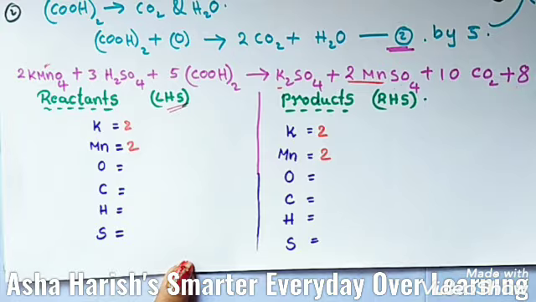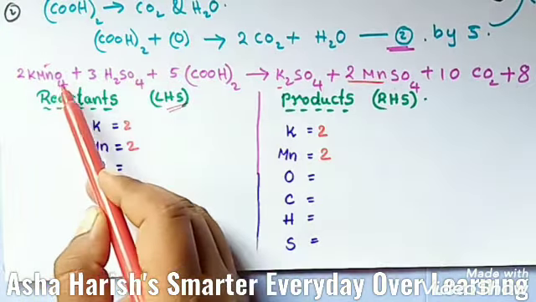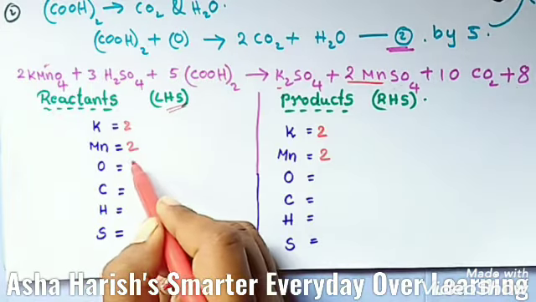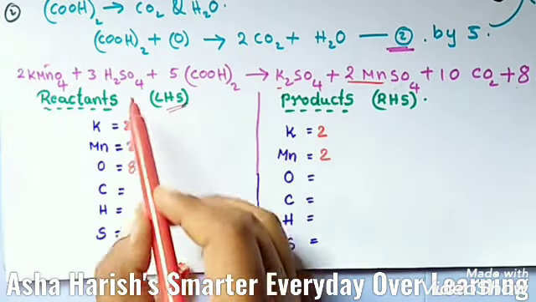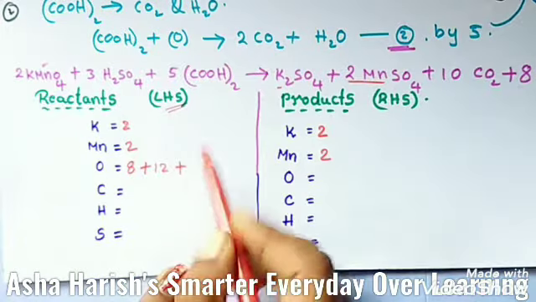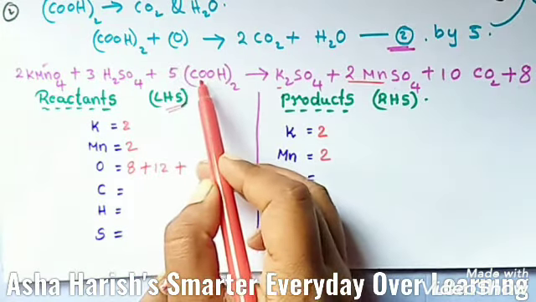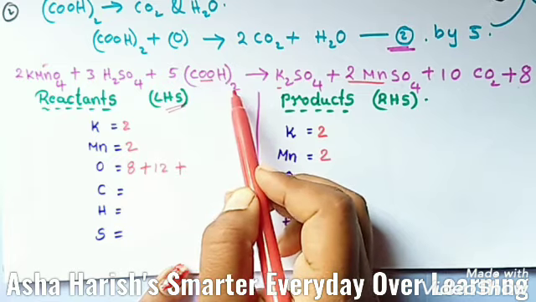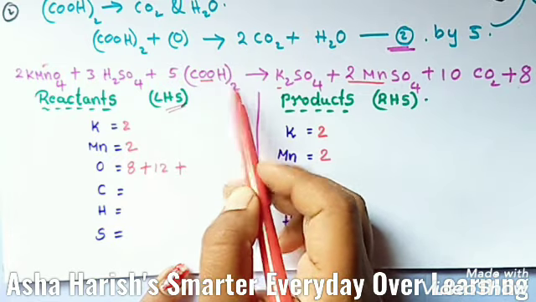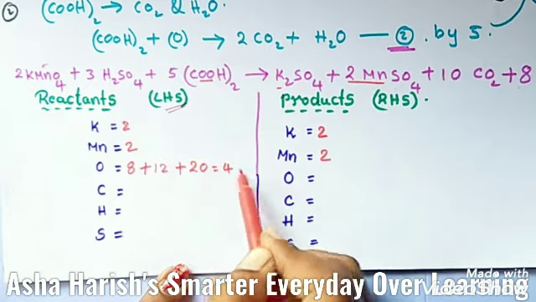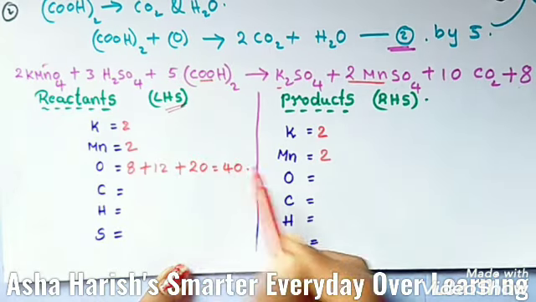Now coming to oxygen, students, you need to identify here in 2 KMnO4, what about the number of oxygens? 2 fours 8 plus here 3 fours 12 plus here 5 COOH twice. So 5 twos 10, 10 into 2 again 20. Now here what is the number, students? 40.